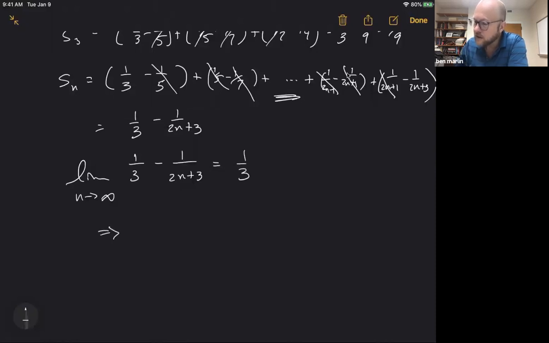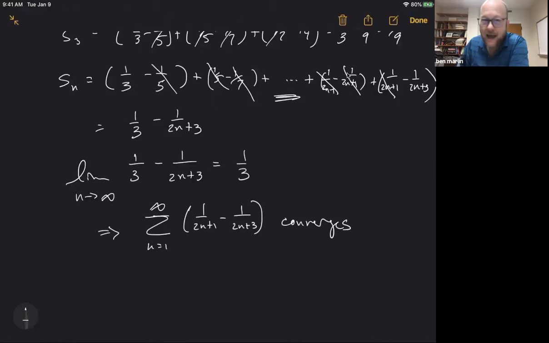So that tells us that the summation from n equals 1 to infinity of 1 over 2n plus 1 minus 1 over 2n plus 3 converges. And we even have the nice fact that we can say what it converges to without doing an infinite number of additions there. Okay?